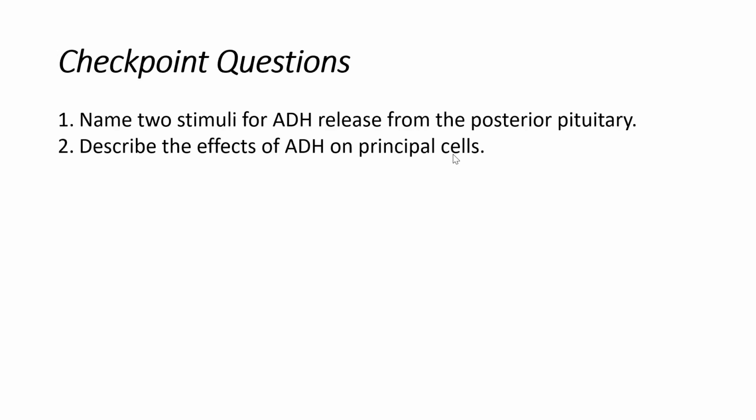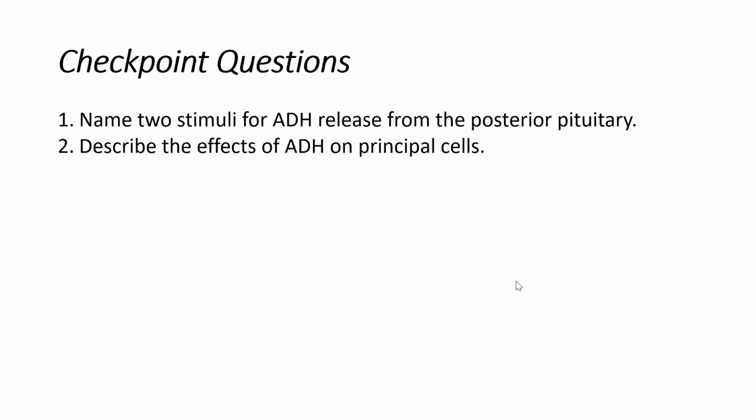What was the second trigger or stimulus for ADH release? So one was the baroreceptors and low blood volume. Okay, the other one was the osmoreceptors and high plasma osmolarity.